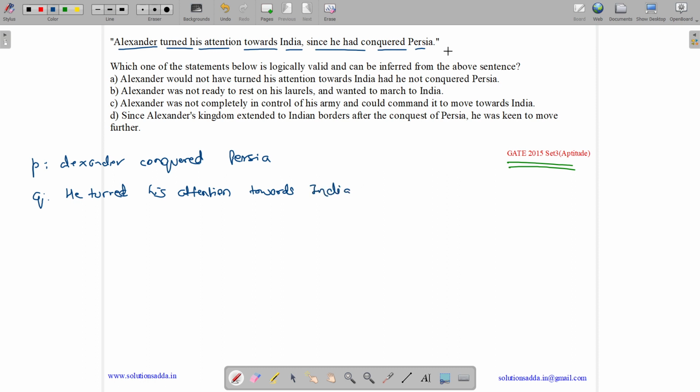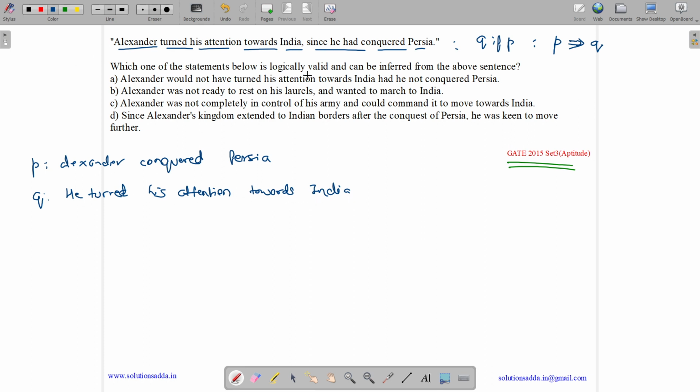So what does this statement mean? This statement means Alexander turned his attention towards India since he has conquered Persia, which means it is Q if P, or we can say P implies Q, which means after conquering Persia, he turned his attention towards India.